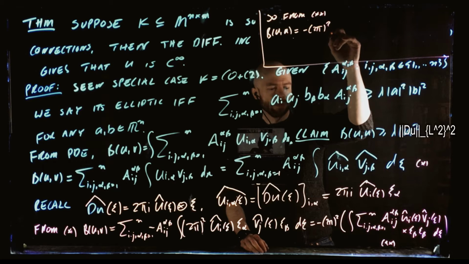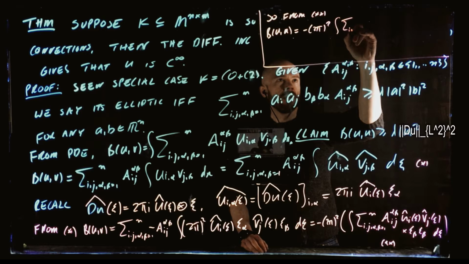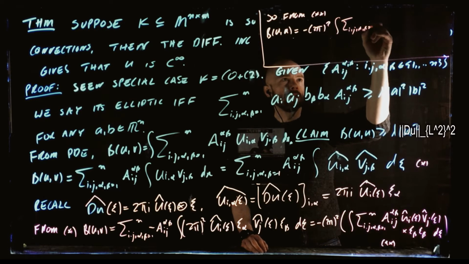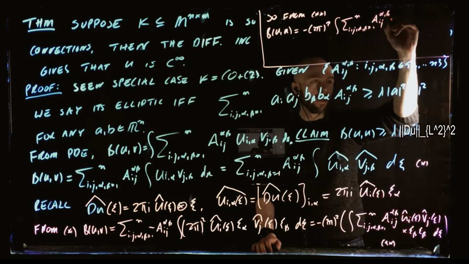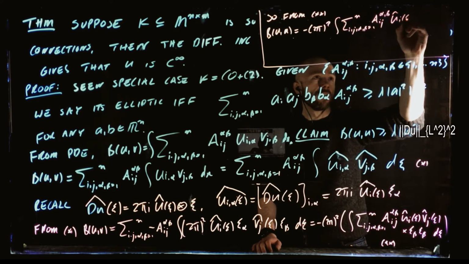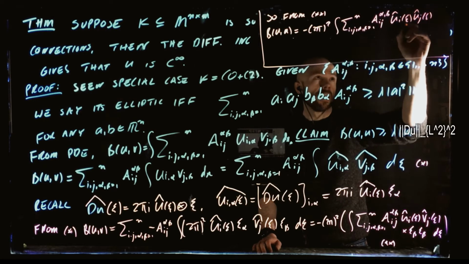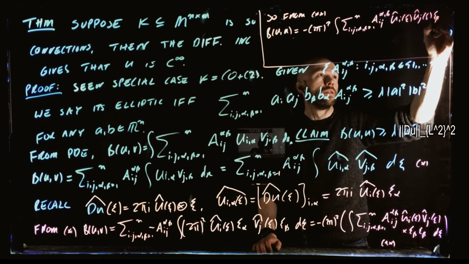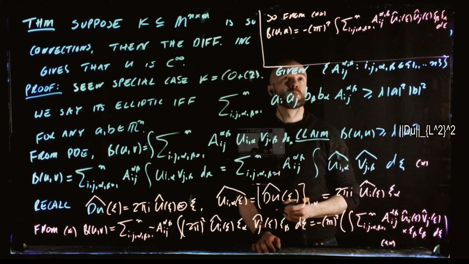So we have the integral of the sum over i, j, alpha, beta equals 1 up to n of a_ij alpha beta, and then u hat i times u hat j of zeta times zeta, the beta-th coordinate, and then the alpha coordinate, and then integrated, right?